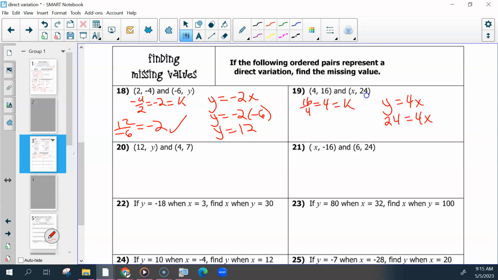So divide both sides by 4. So x is what? 6. And if I check that, 24 divided by 6 is 4. The checking piece is not necessary, but it is a good way to double check yourself.